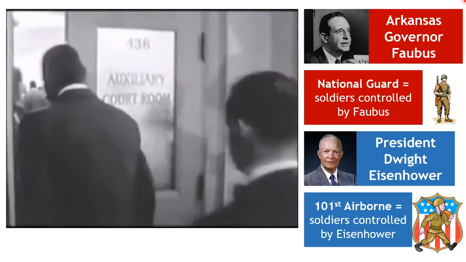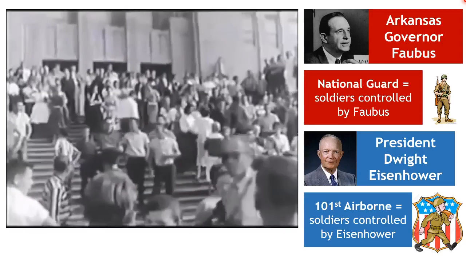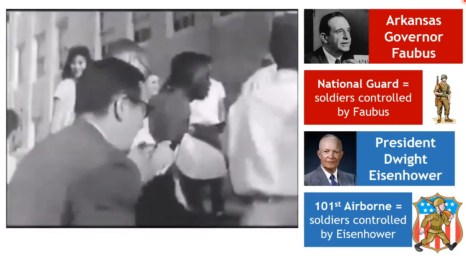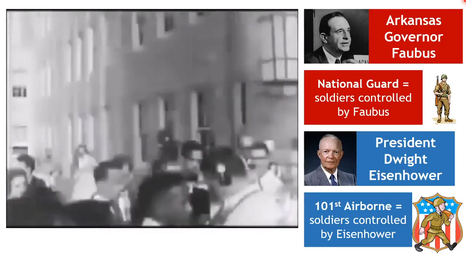The question was whether the federal government would assert its authority. The pressure on the president increased. Defiance of federal law seemed to be spreading. From Little Rock, here to North Little Rock, to Nashville, Tennessee, and to Charlotte, North Carolina. Some people blamed Eisenhower for this resistance, saying his lack of leadership on civil rights encouraged the extremists.